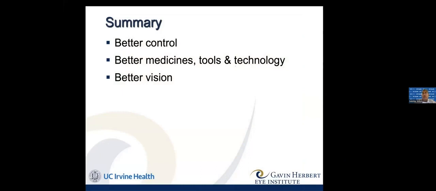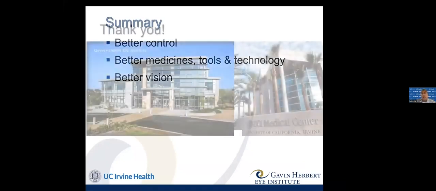Like Dr. Yang mentioned, we have all these new drugs that do such a good job of controlling the blood sugars that compared to what I was seeing before 2010, before everybody had health insurance, it was a lot more difficult to treat these diabetic patients because we didn't have the medications we have now from the general diabetes side as well as the ophthalmology side. And with better medicines and tools and technology, that leads to better vision in our patients.